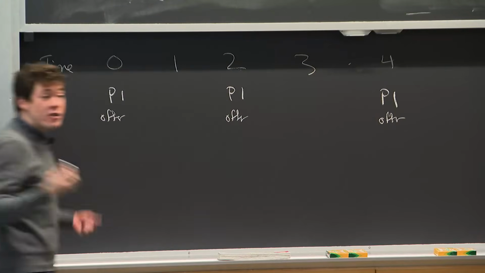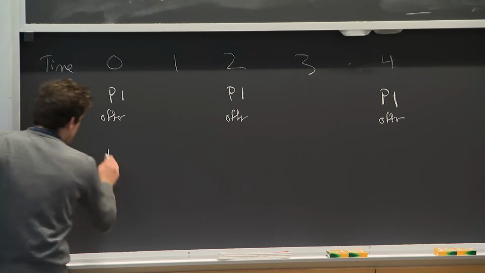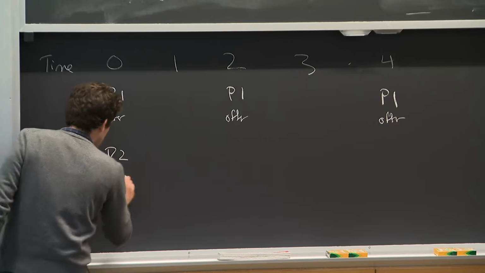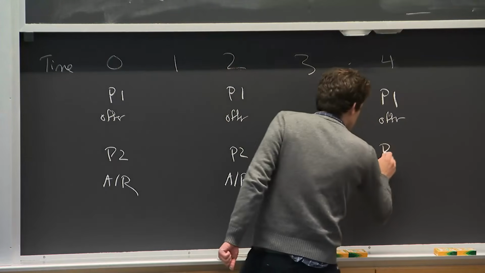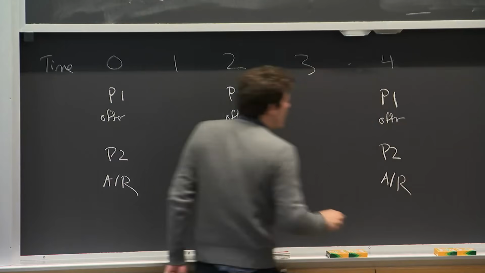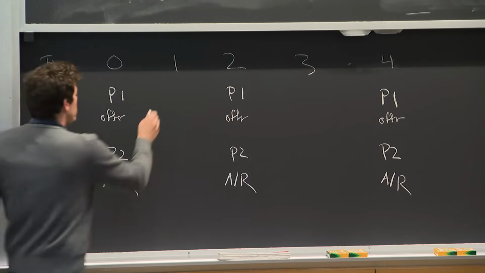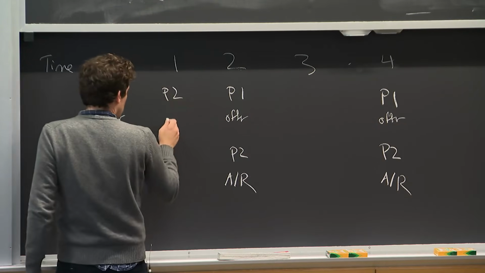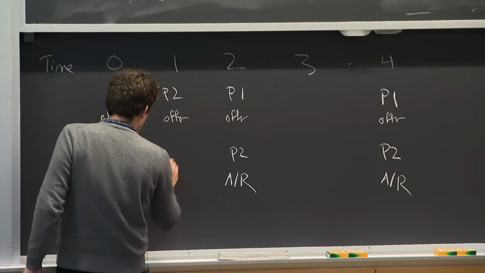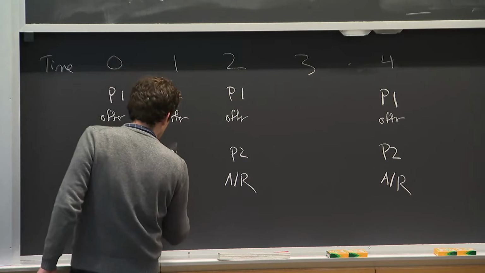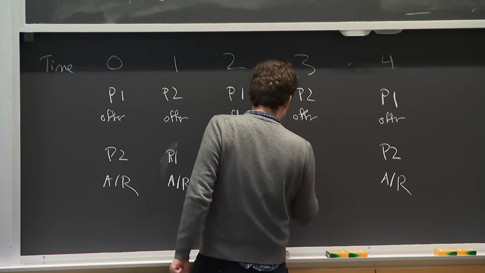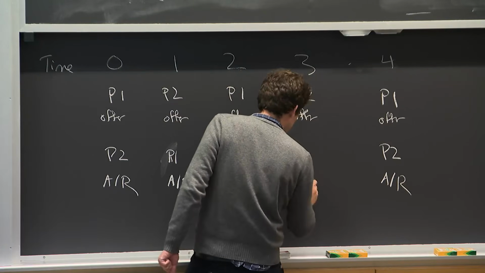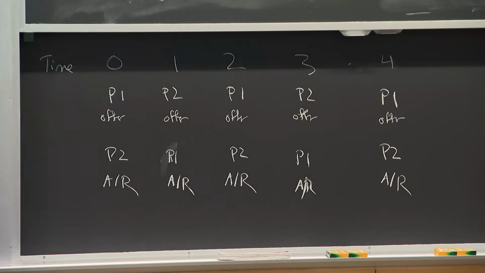And then player 2 can either accept or reject that offer. And then in the odd periods, player 2 is the one who moves. Okay? So just to be clear, player 1 makes an offer.